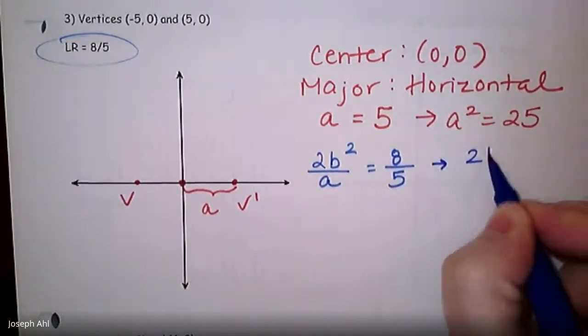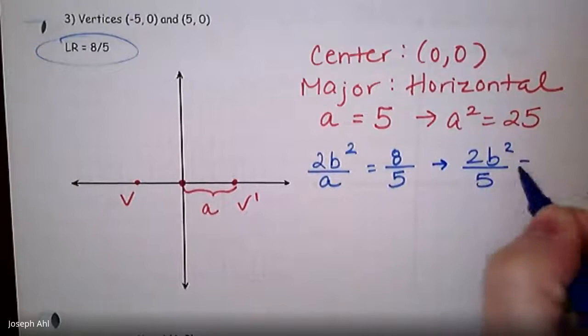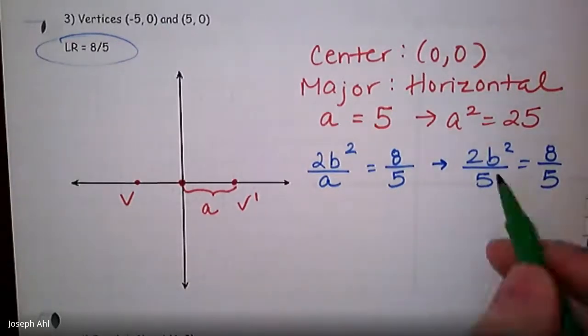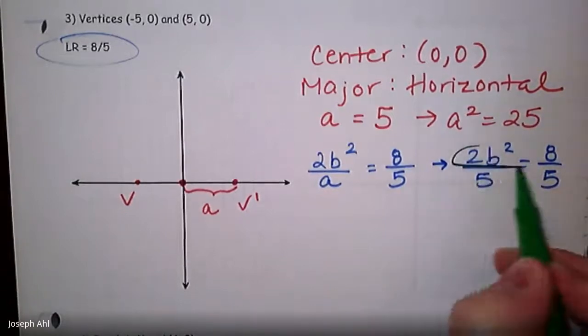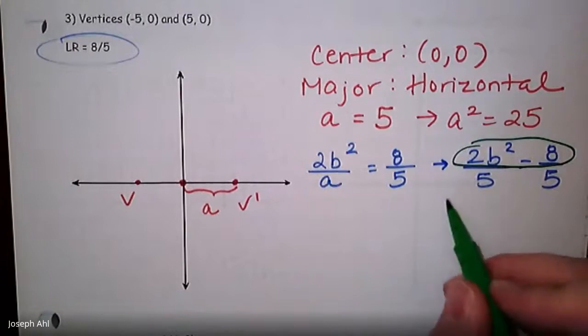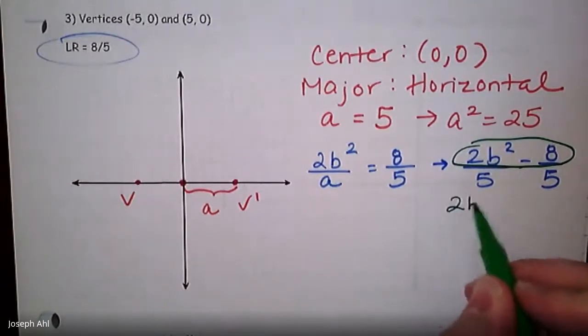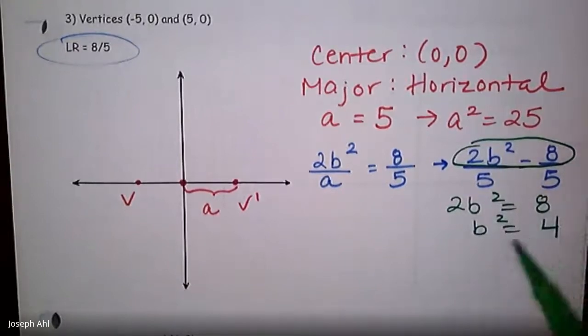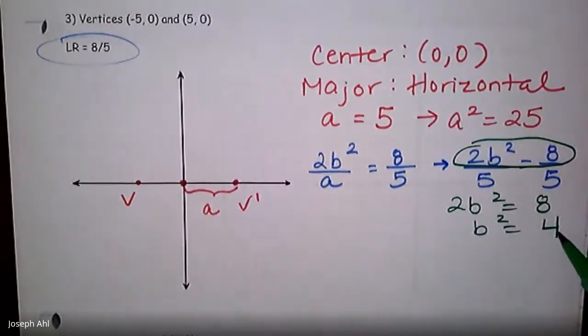So this would be like saying 2b squared over 5 equals 8/5. Now I can certainly cross multiply and solve this equation for b pretty easily, but I'm hoping that you're seeing that since both denominators are 5, you can actually just set those numerators equal and solve pretty easily for b there. So if 2b squared equals 8, you're going to get that b squared equals 4, and maybe I'll stop there because I know that means b equals 2.